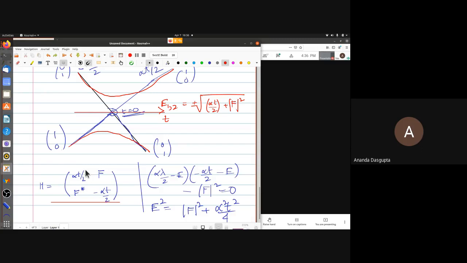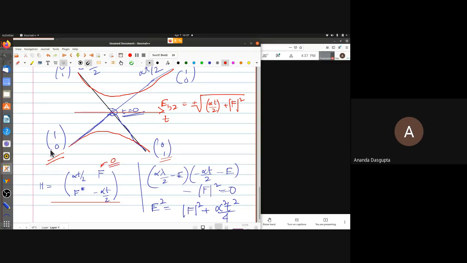So it's easy to see that when t is very large negative, the lower energy eigenket will be 1, 0 effectively. And when it's very large positive, then the lower energy eigenket will again be 0, 1. Just the same as if f were not there.